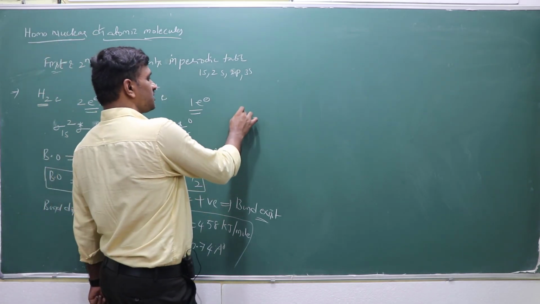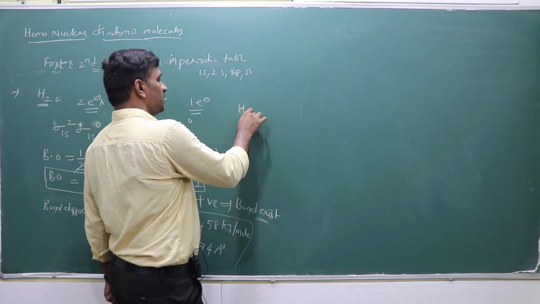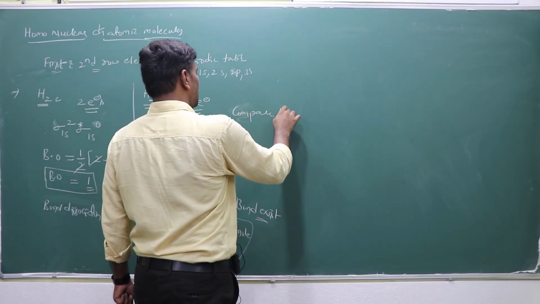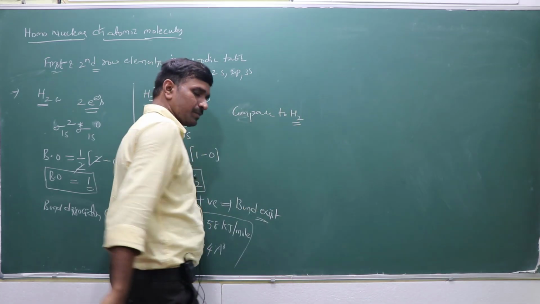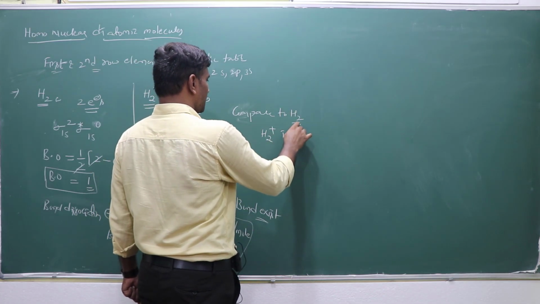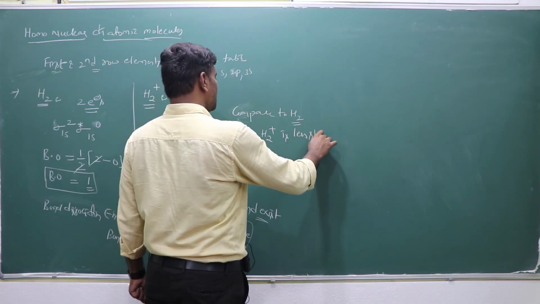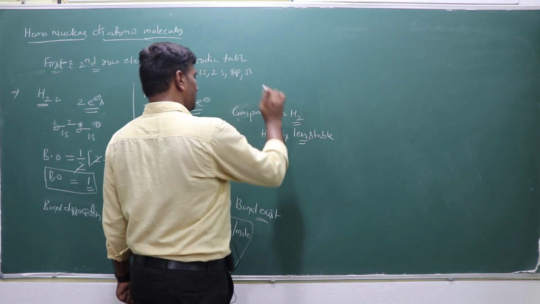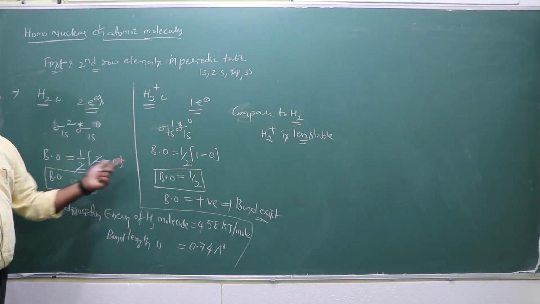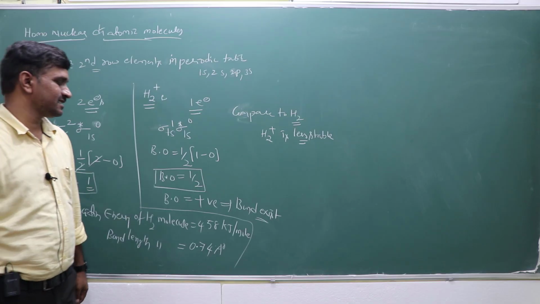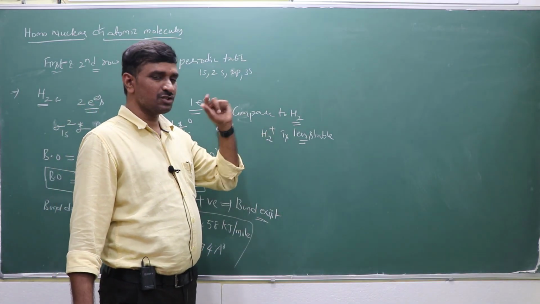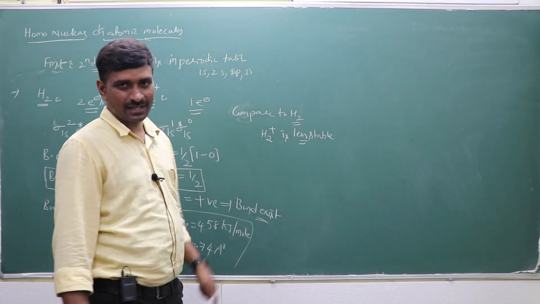But compared to the H2 molecule, H2 plus is less stable. So the bond order is also less, and H2 plus is less stable. That means H2 is more stable than H2 plus.